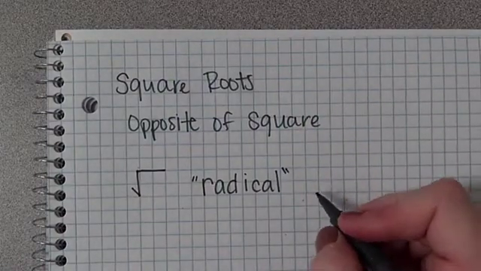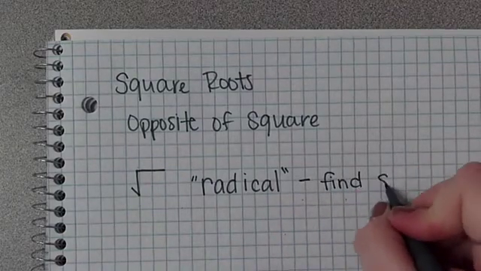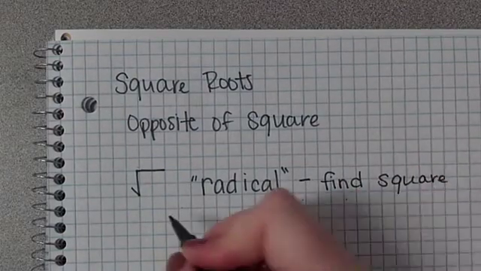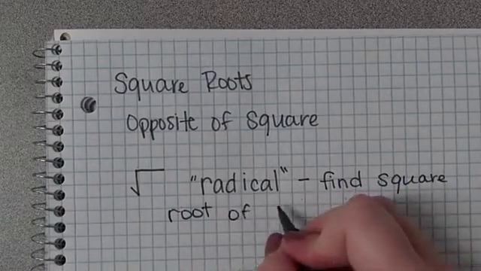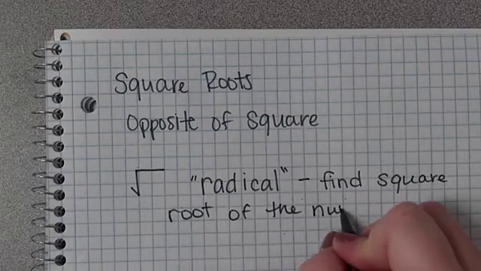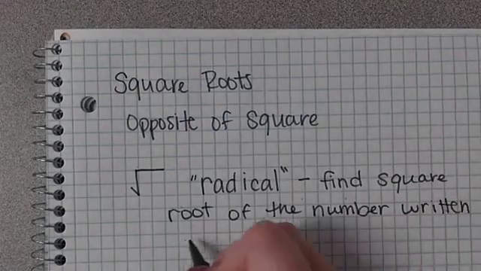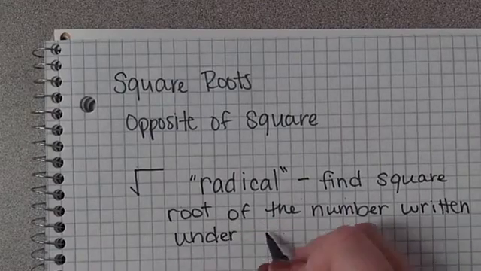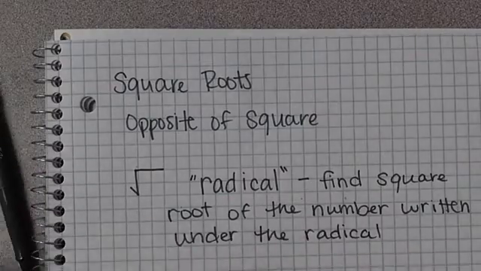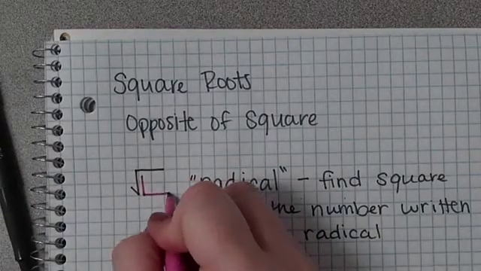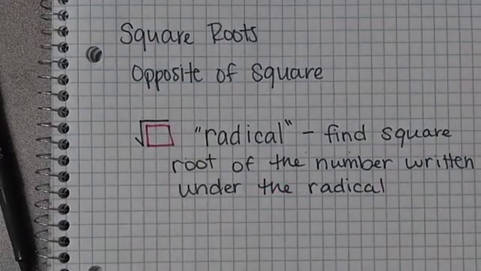And it means find the square root of the number written under the radical. So you'll have a number that's right there, and you're going to find the square root of it.